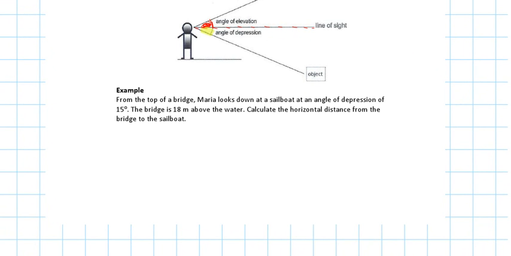So where's Maria? Maria is on the bridge, so she's standing. And what does she see? A boat somewhere in the water. We know the bridge is kind of vertical to the ground.